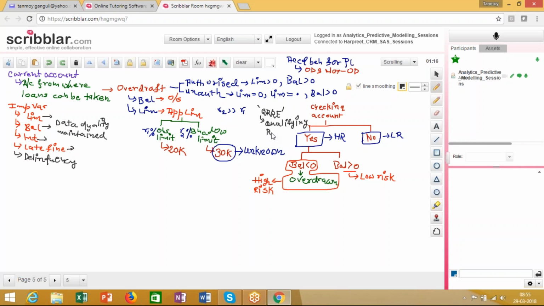And after this, to complete the retail portfolio, there are two broad groups of products. One of them is mortgages, and the next group of products is the other retail.